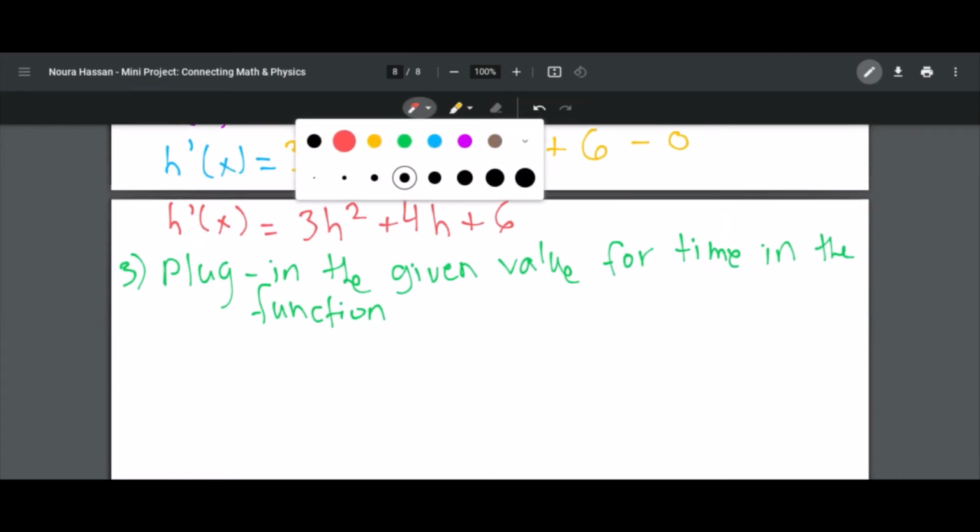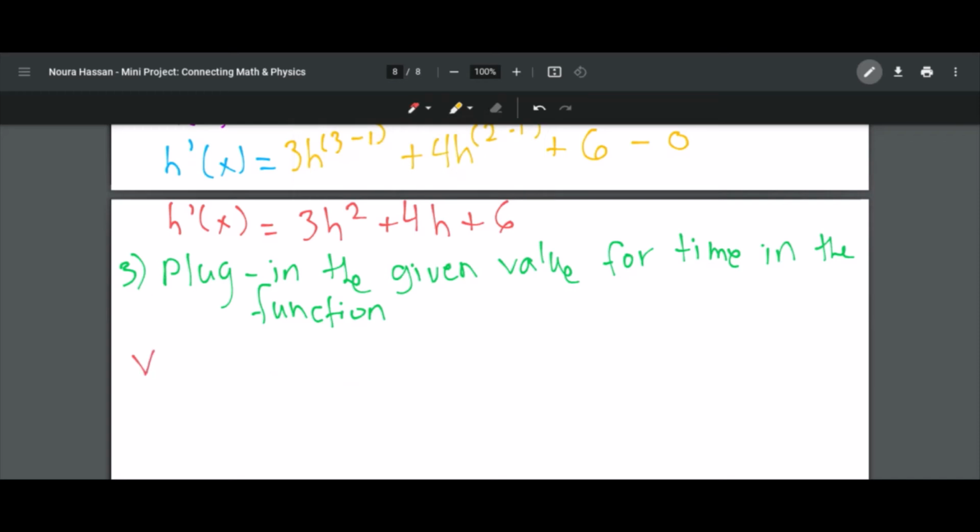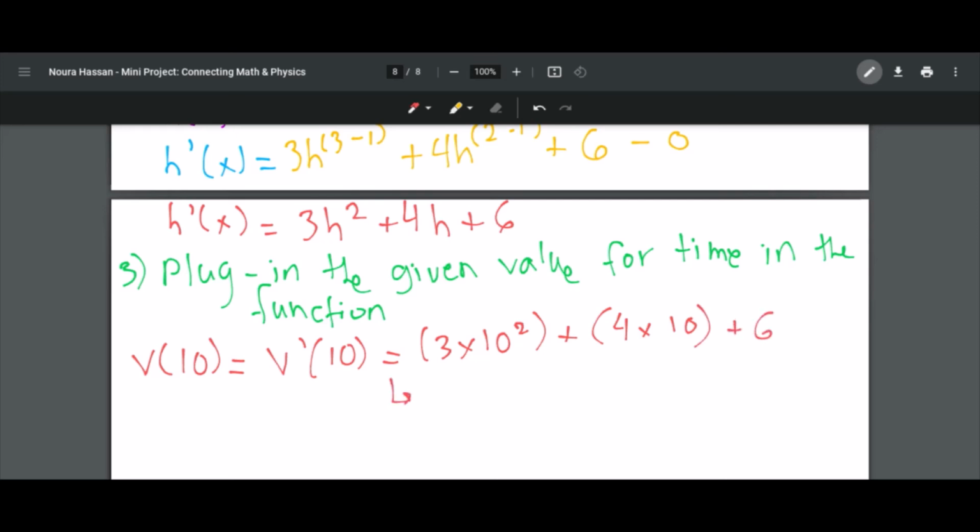What we have now is v of 10, that will equal v prime of 10, which is equal to 3 times 10 squared plus 4 times 10 plus 6, and that will equal 346 meters per hour.